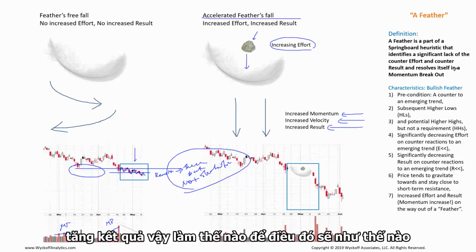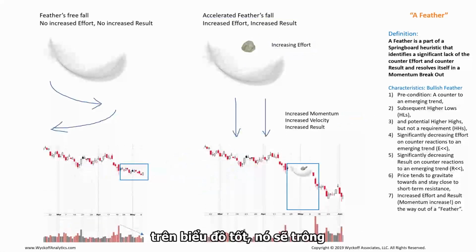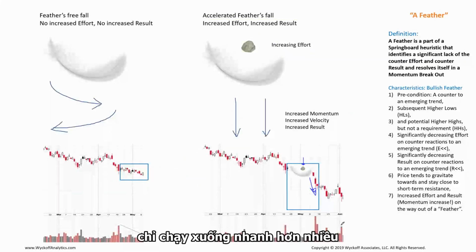So, how would that look on the chart? Well, it's going to look as if out of this feather trading range, once the increased effort was introduced, the price is going to just run down much faster.